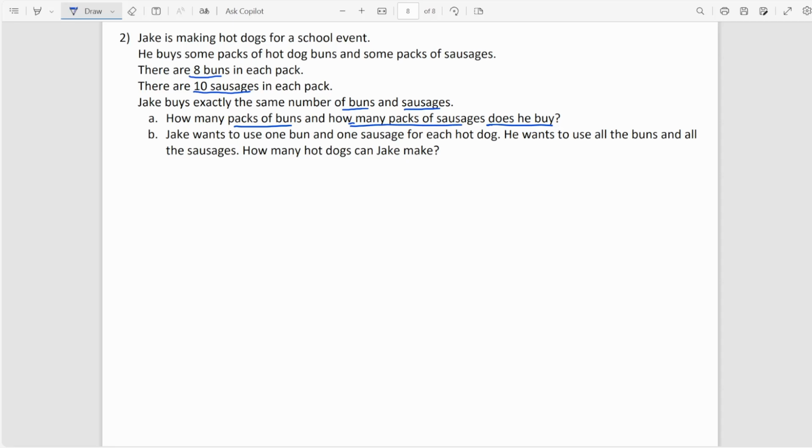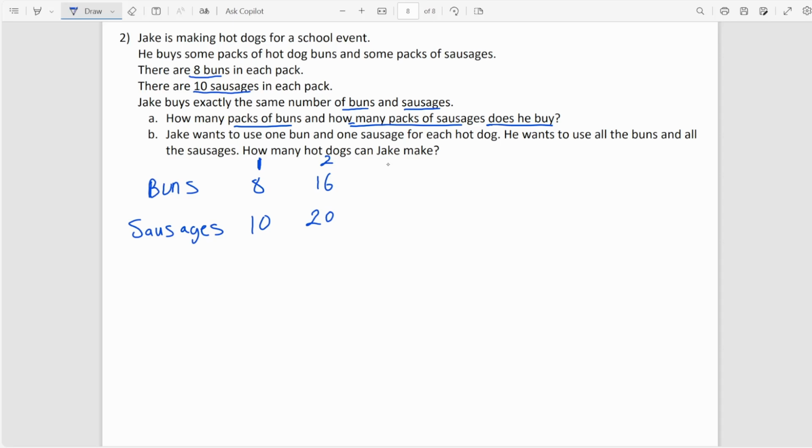All right, so you have the buns and the sausages. Now, if you buy one pack of each, you're going to have 8 buns and 10 sausages. But this means that the number is not really equal. You're going to have extra sausages with no buns to put them into. Now, if you buy 2 packs, you get 16 and 20.